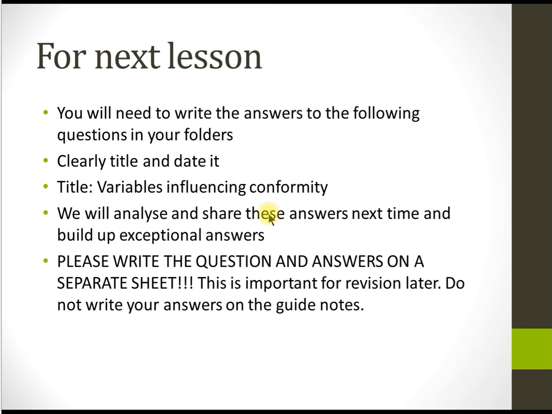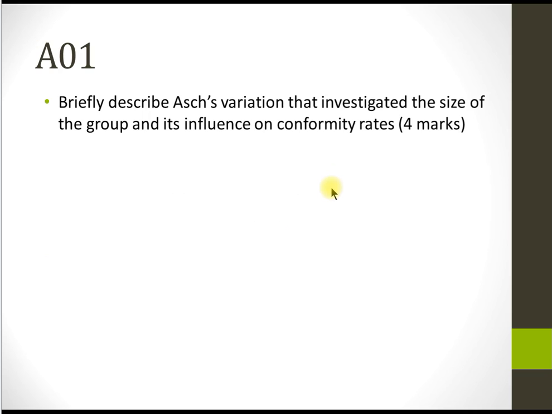You may need to pause it for each question, write the question, and then answer it, press play. Or you can write all the questions at once and do them. Question 1 is purely an AO1 question. It requires you to describe, so that's in detail.